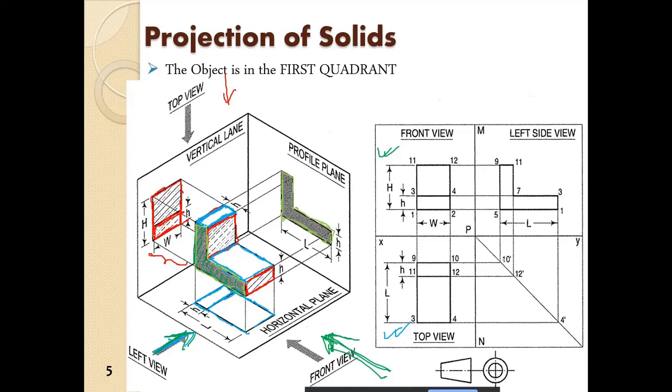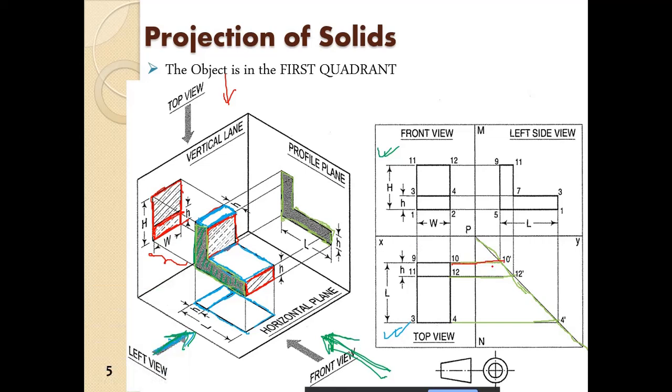So one of the things that you can do to find out the left hand side view is draw one 45-degree line. Then from the top view you can project horizontal lines to the 45-degree line in this manner.